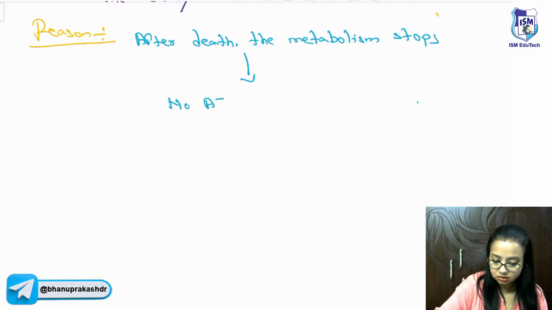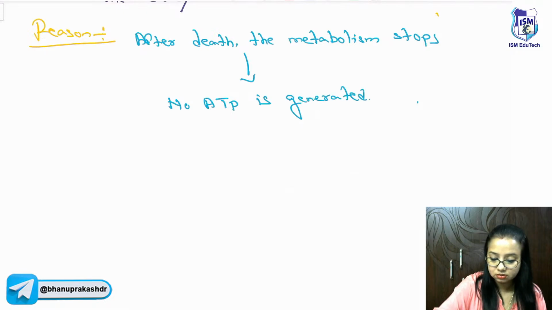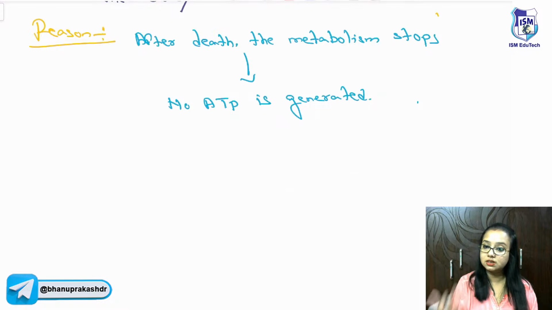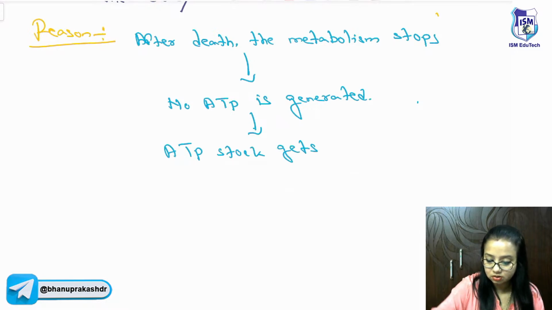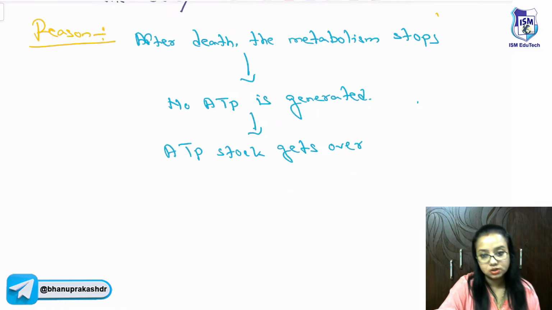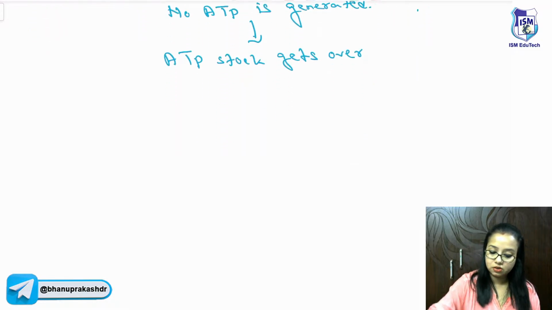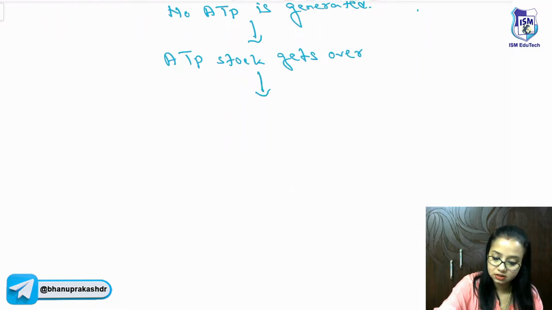No ATP is generated. There is no generation of ATP. ATP stock gets over. Okay. Once the ATP stocks get over, then what will happen?